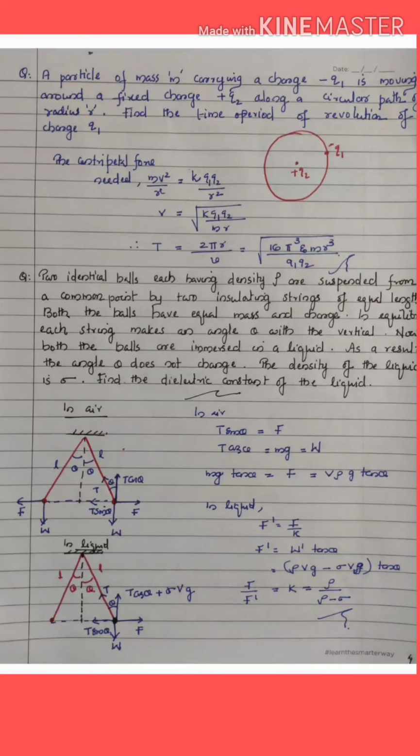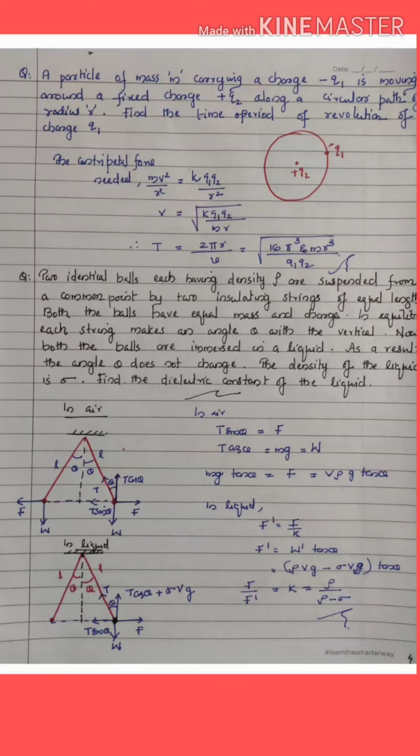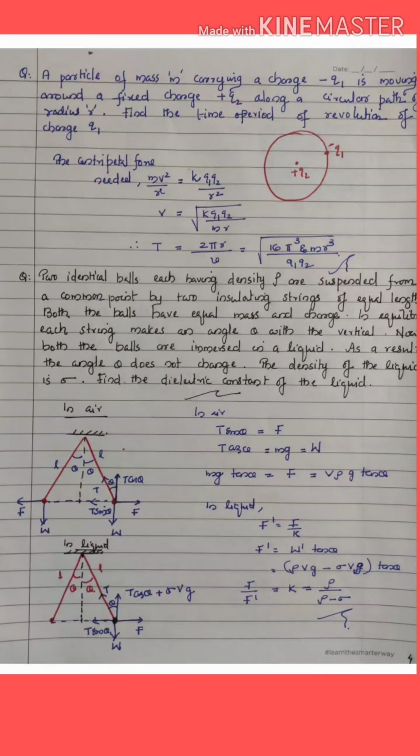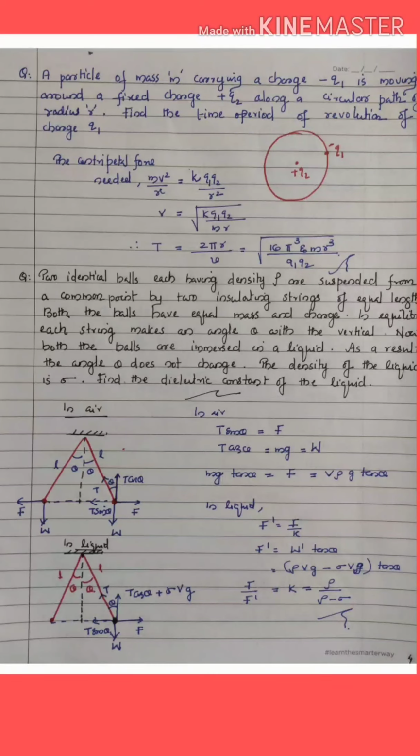Two identical balls, each having density rho, are suspended from a common point by two insulating strings of equal length. Both balls have equal mass and charge. In equilibrium, each string makes an angle theta with the vertical. Now both balls are immersed in a liquid.